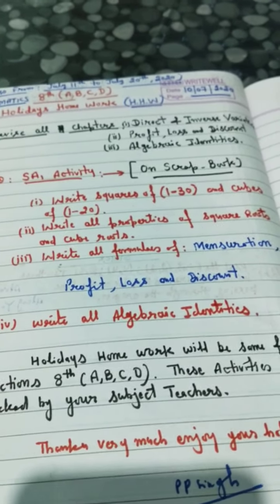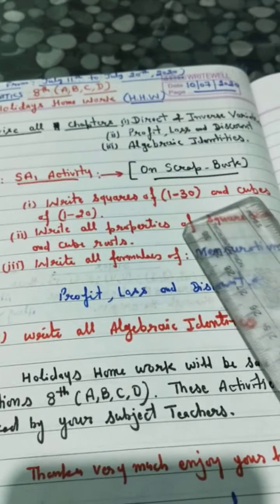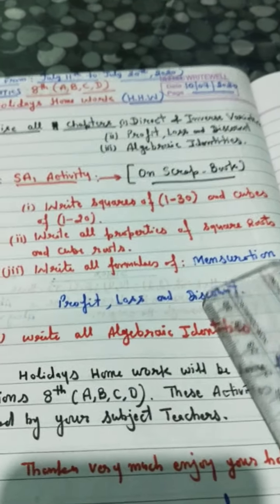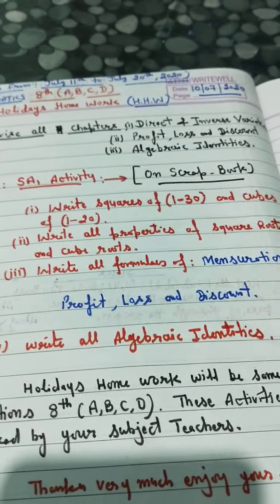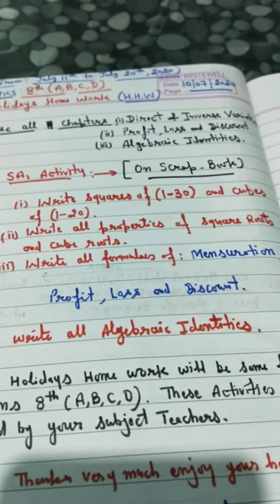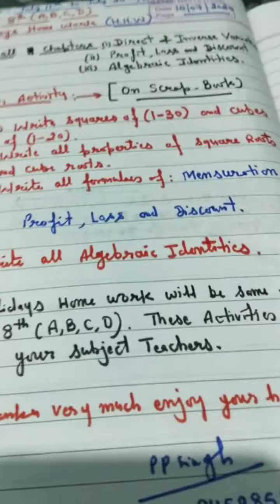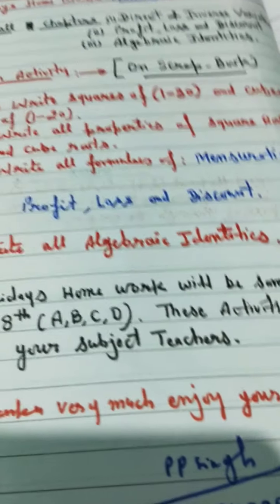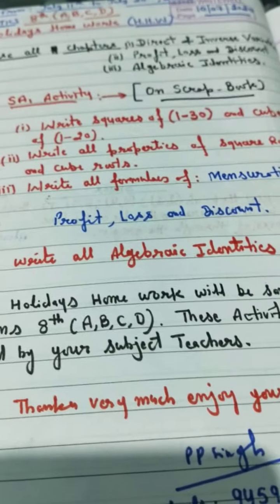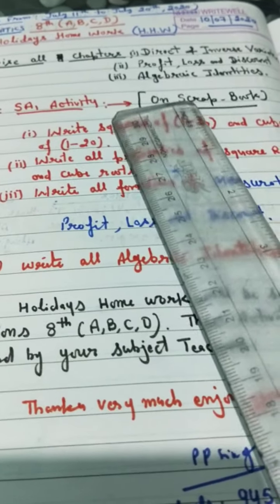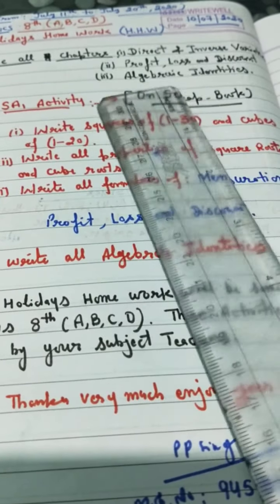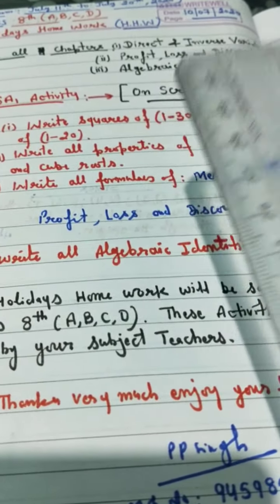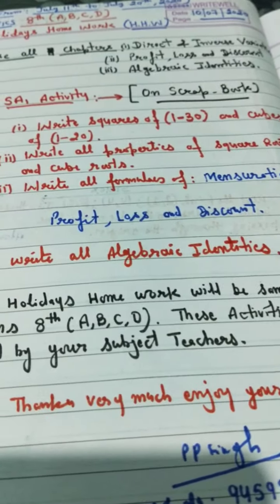And fourth, write all algebraic identities. So make beautiful activities on scrapbook, and you have to show this activity on the personal mobile number of your subject teachers before 20th of July, and revise these 3 chapters: direct and inverse variations, profit loss and discount, algebraic identities.